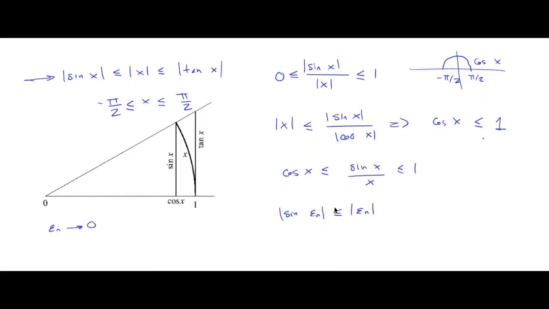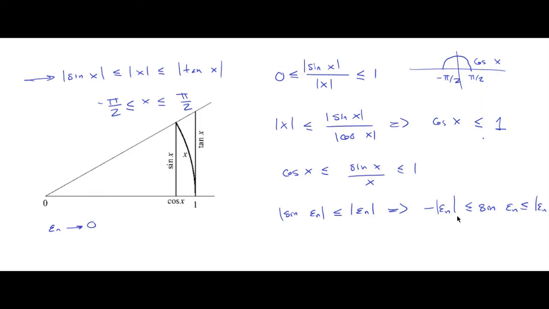Applying here, this inequality implies that the sine is between these two numbers, right? If the sine of epsilon sub n is positive, then it is smaller than this. If it's negative, it's greater than it, the absolute value is closer to 0.